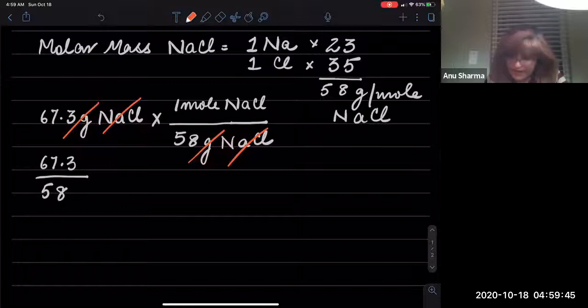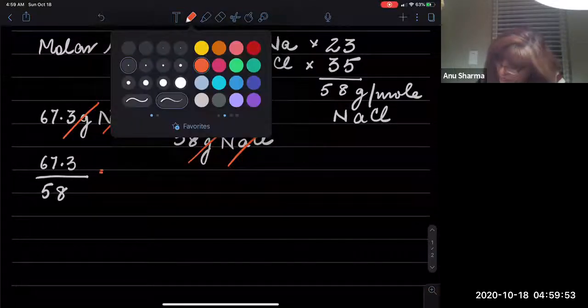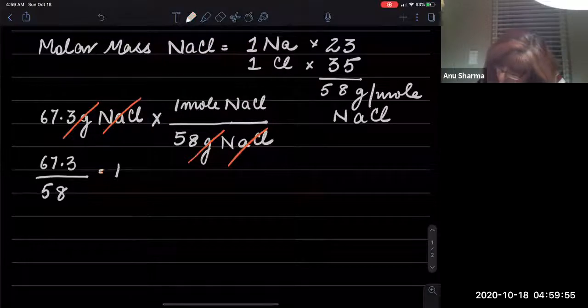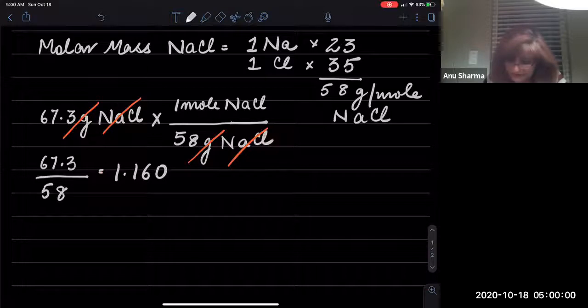67.3 divided by 58 gives you 1.160. So 67.3 divided by 58 is equal to 1.160.